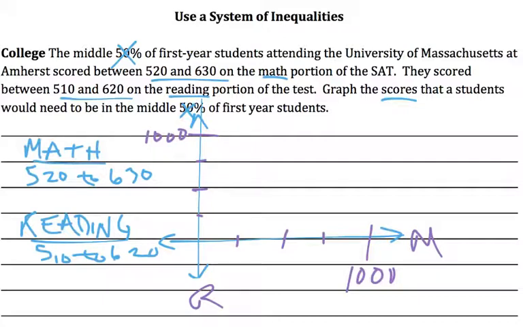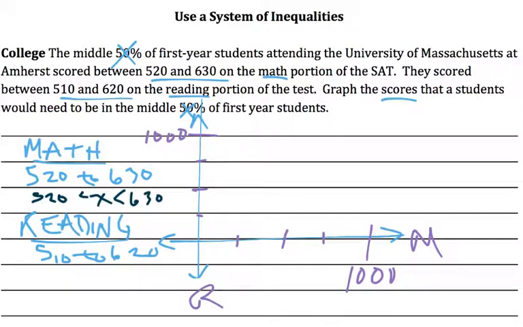Now, I can also think of the math being the x-axis, so maybe it would be helpful to see this as 520 is less than x, and I'm saying less than because they're saying between, x is less than 630. I think it should say less than or equal to if we wanted 520 and 630 to be options, but probably overthinking it too much.